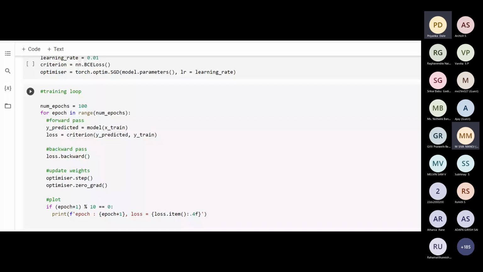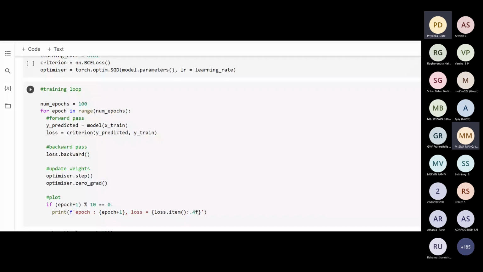After calculating the loss, we do the backward pass. loss.backward is an inbuilt function where the library does all the work for you. It calculates all the gradients for you. And after that, from these gradients that we have calculated, we optimize our parameters using the function optimizer.step.